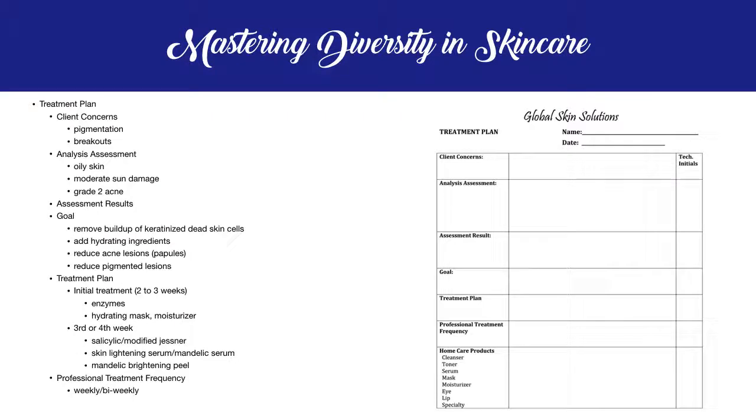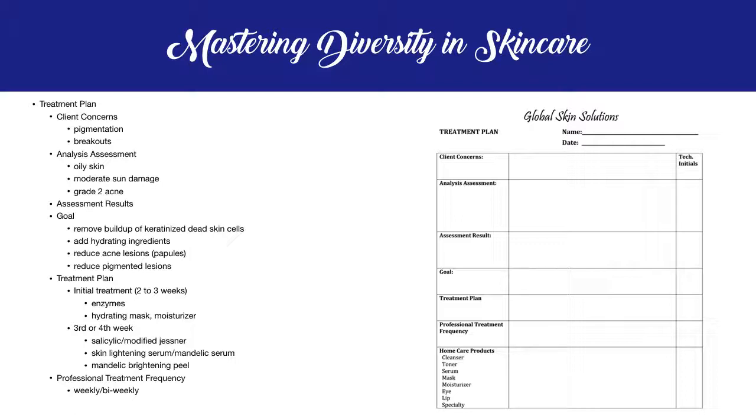So the treatment plan, first of all, the client's concerns. They were concerned with the pigmentation, and they wanted an even skin tone, and also the periodic breakouts. When I analyzed the skin, of course, I saw that it was very oily, and there was moderate sun damage and a grade 2, just a few papules were present.